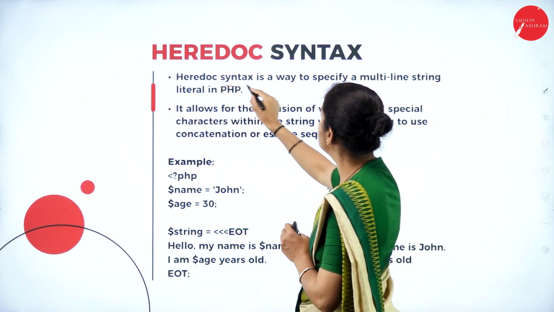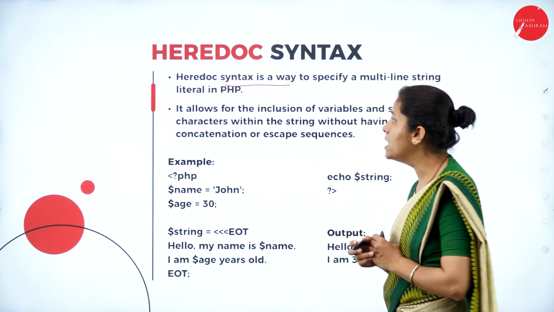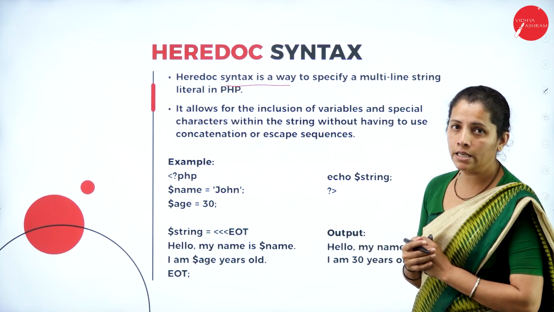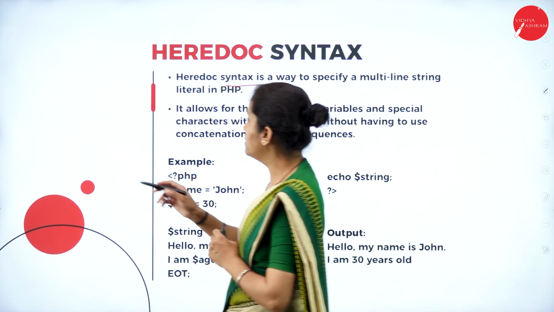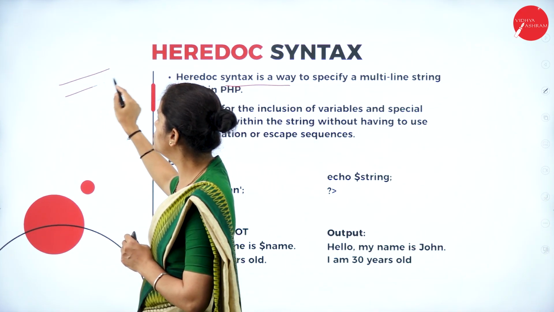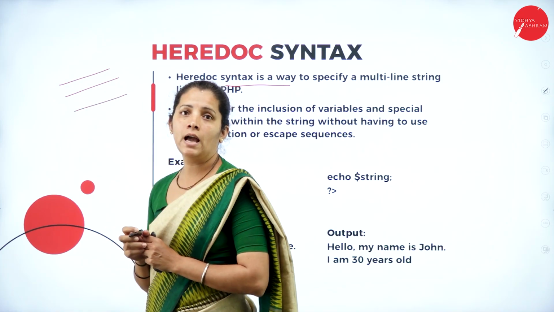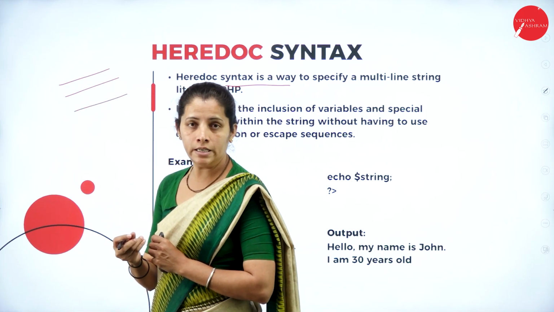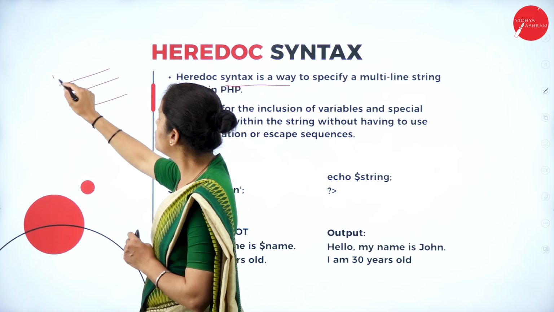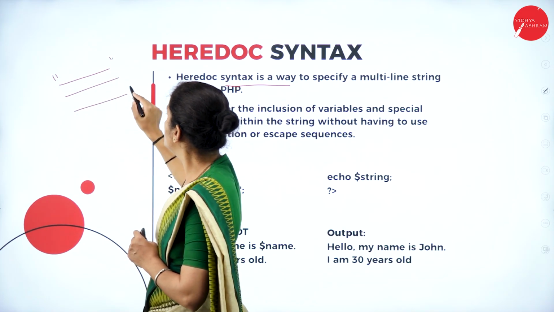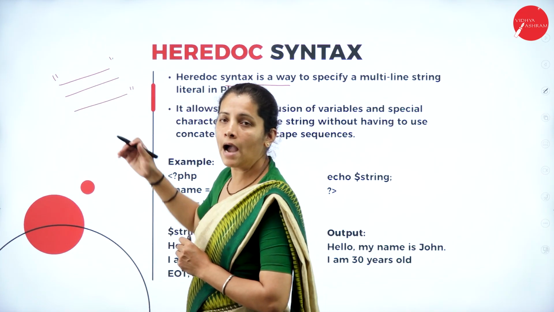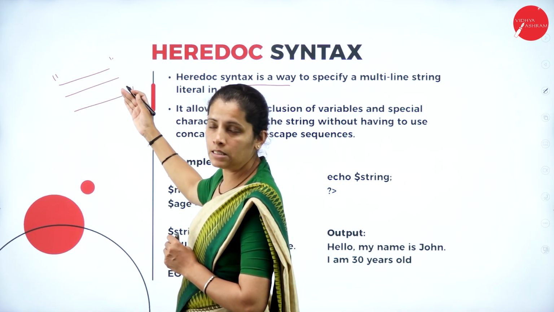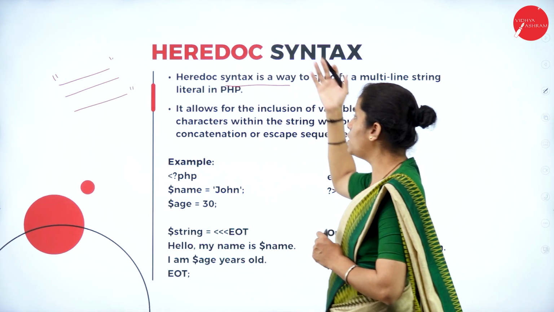So here doc is a way to specify multi-line string literals. Think that I have line 1, line 2, line 3, multi-line literals. To have this kind of literals, I'm going to use the here doc.